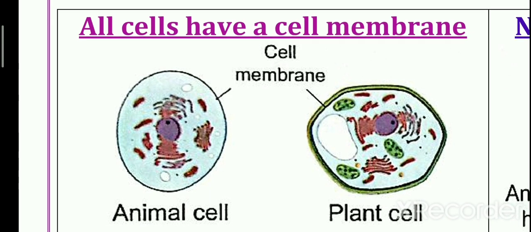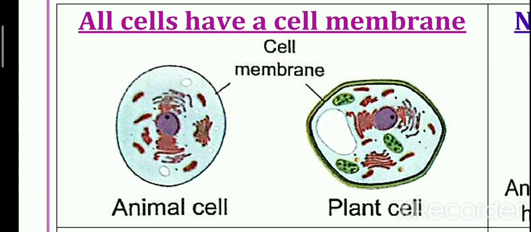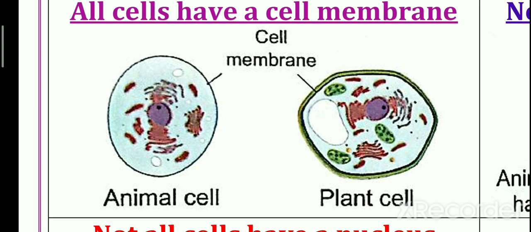And the next one, we say it, all cells have a cell membrane. Look at this picture. An animal cell has a cell membrane, and a plant cell has a cell membrane. Why? Because the cell membrane is very important.